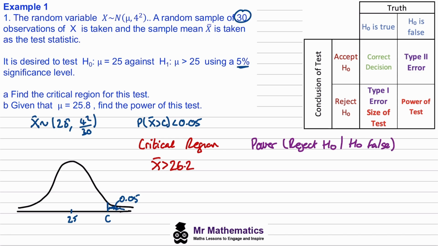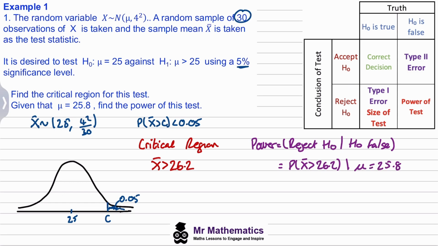We've found the critical region where we reject H0, so the power will be the probability of x bar being greater than 26.2, given that mu is actually 25.8.